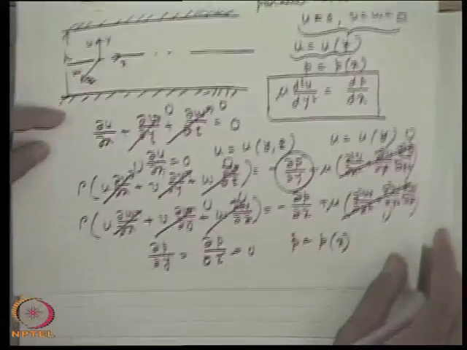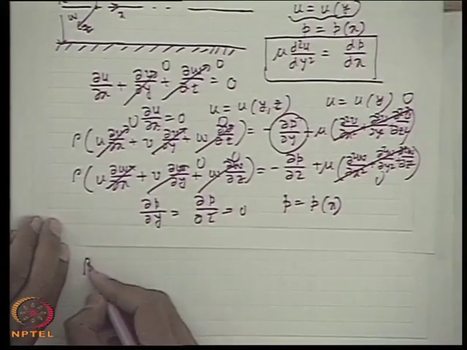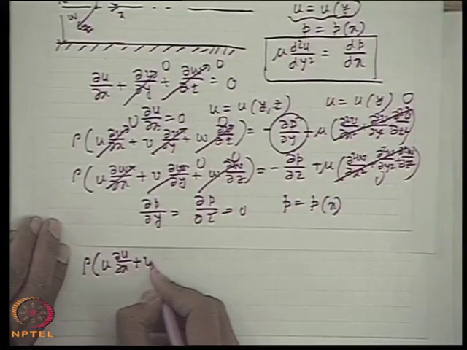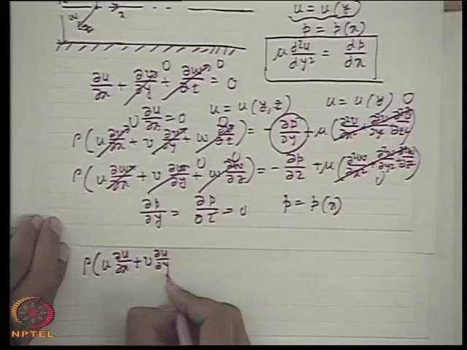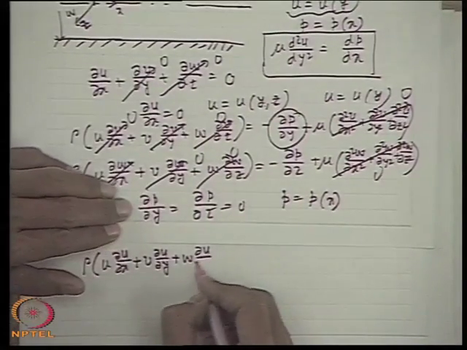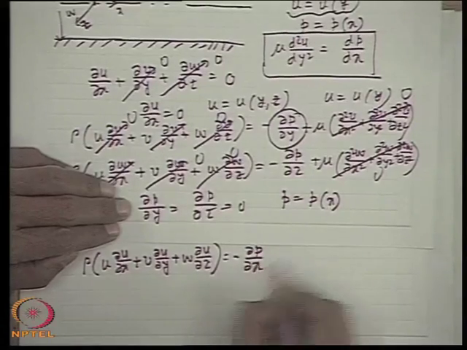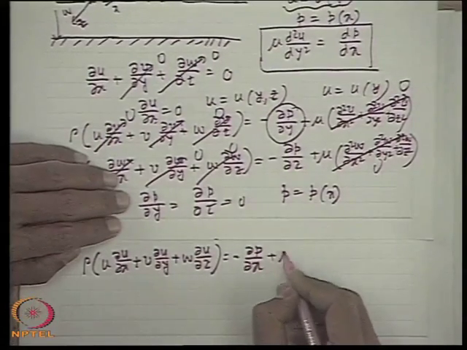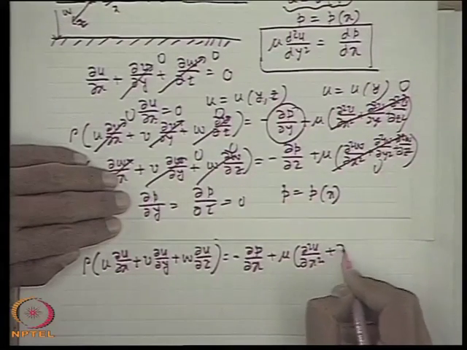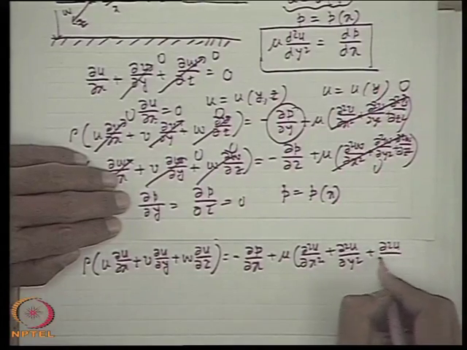With this, if we write the x direction equation of motion, we get rho times u del u del x plus v del u del y plus w del u del z is equal to minus del p del x plus mu times del square u del x square plus del square u del y square plus del square u del z square.